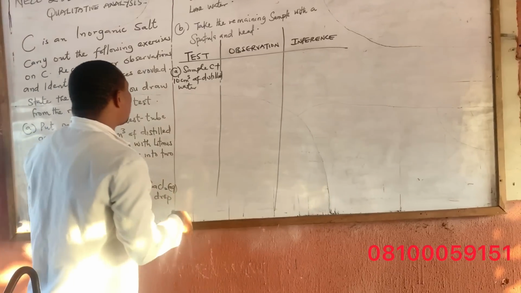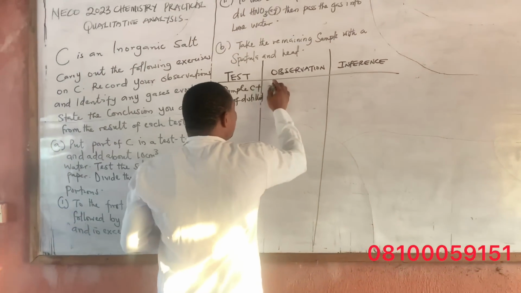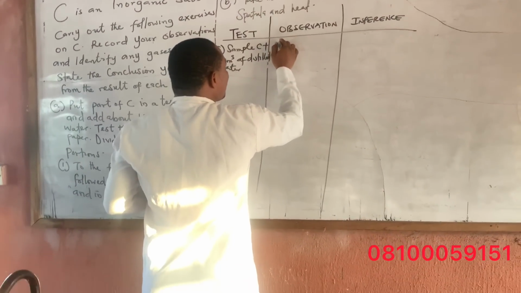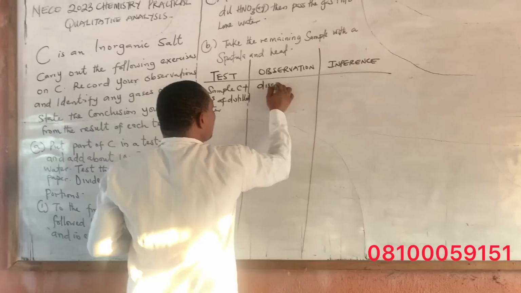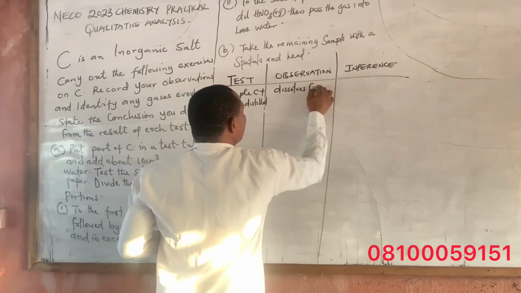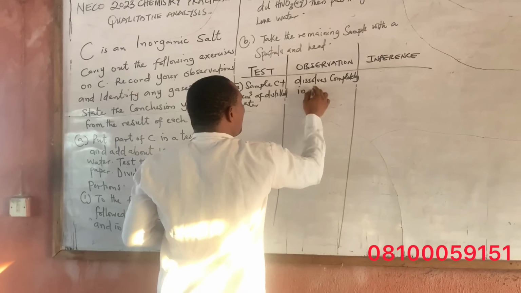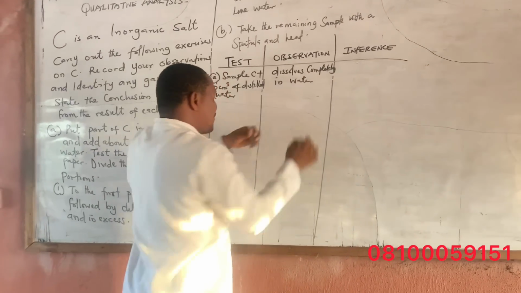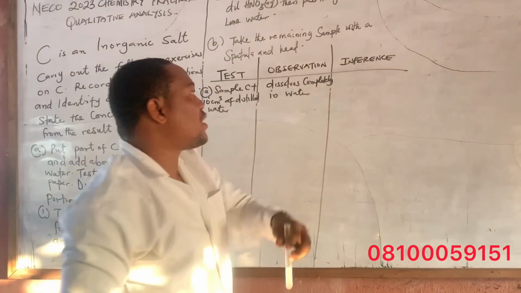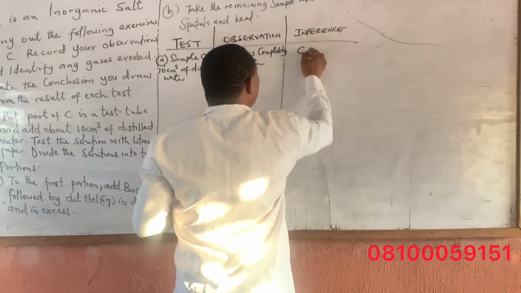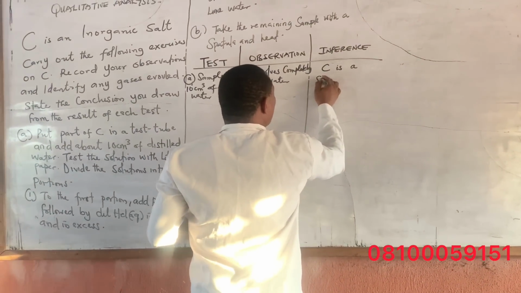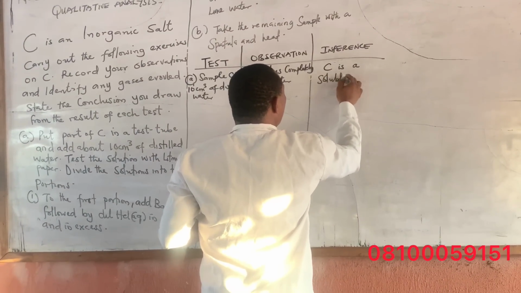So sample C plus 10 cm³ of distilled water dissolves. That means it dissolves completely. The sample dissolves completely in water, as you can see here. So it means C is a soluble salt.